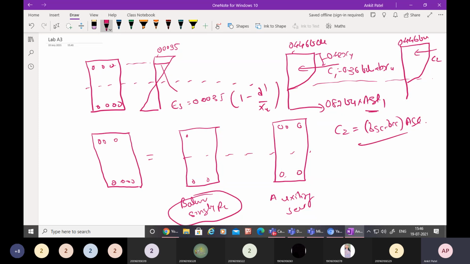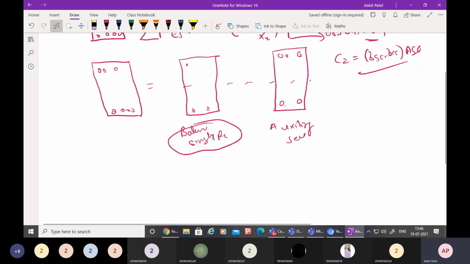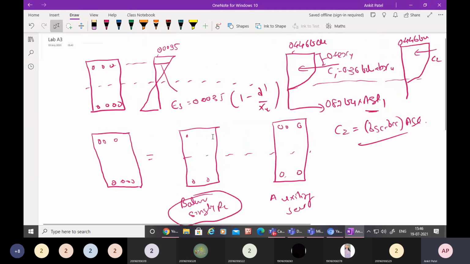Now let's learn one term at a time. This one is your lever arm Z1 for the balanced singly reinforced section, and this one is your T2, and this amount is T1. So you can say this one is 0.87 fy into Ast2. The distance between these two is known as Z2.